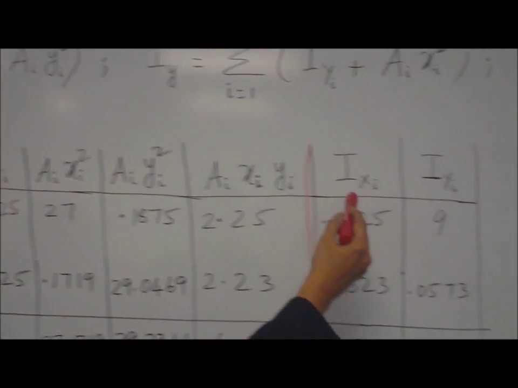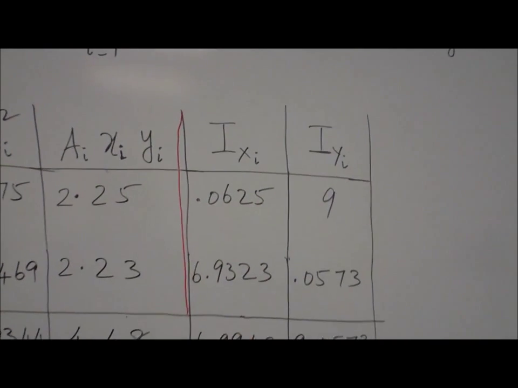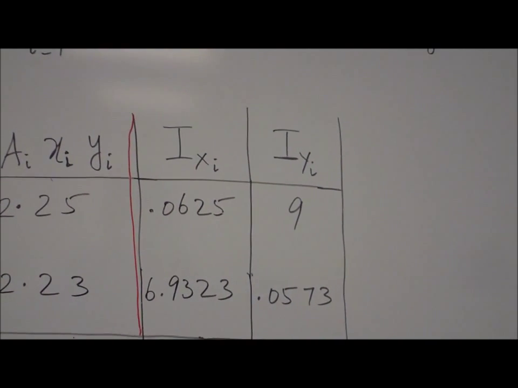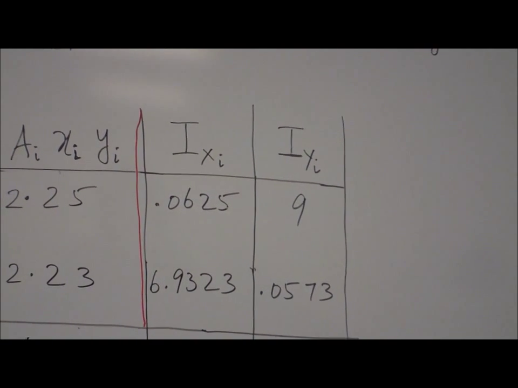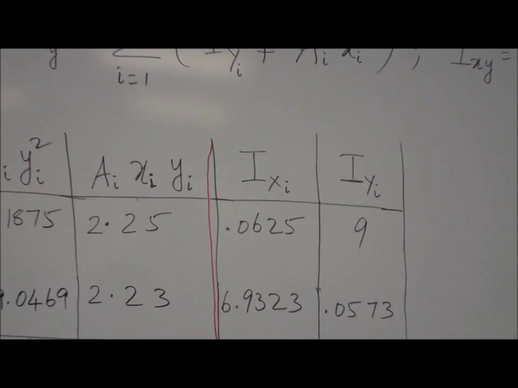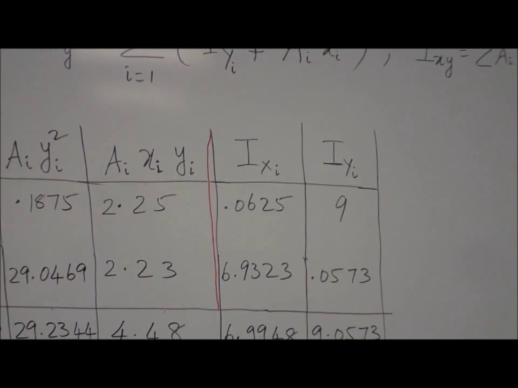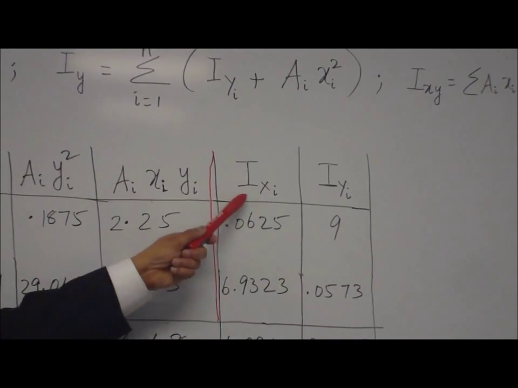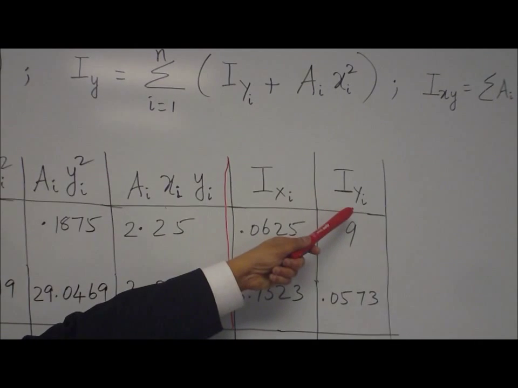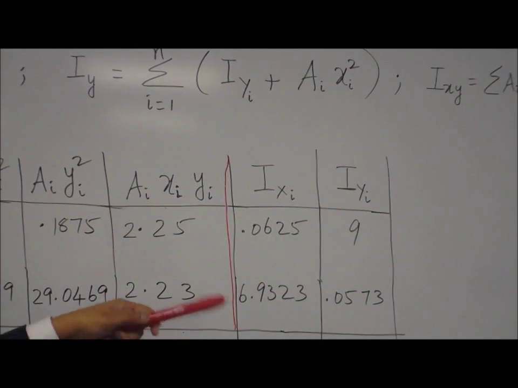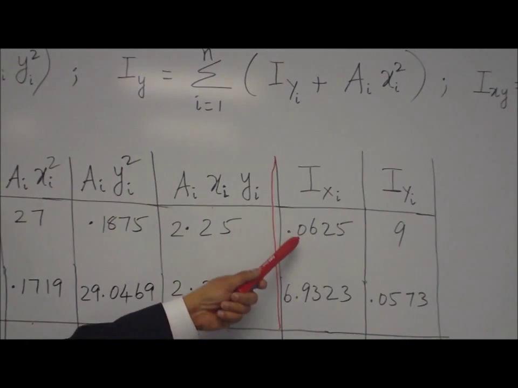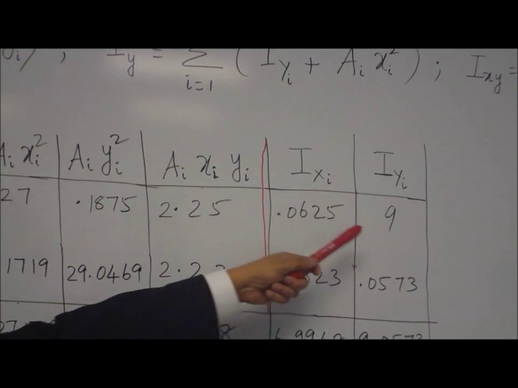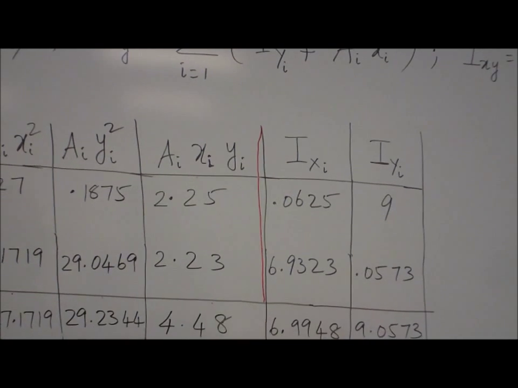Now, this I capital X i and I capital Y i are the inertia of each element about its own centroid. We saw the formula just before: I capital X i is 1 over 12 b h cubed, and I capital Y i is 1 over 12 h b cubed. So simply substitute for b and h. We can fill out this column and similarly that column, and simply add them up.